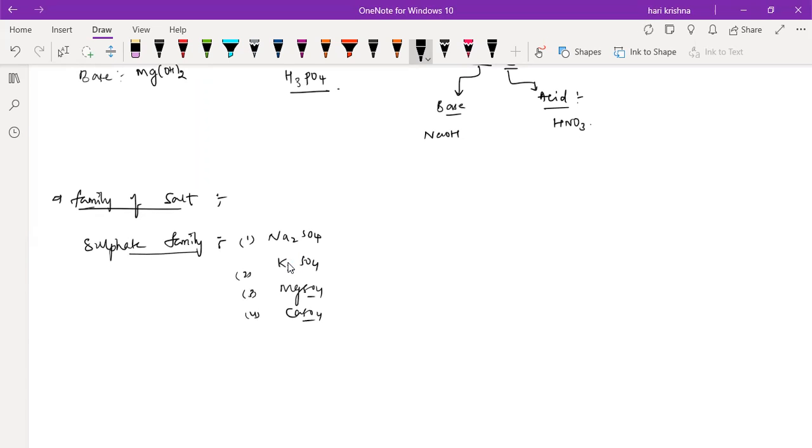Sulfate is common among all the salts. So all these belong to the sulfate family. Like that, if you take the chloride family, give me some examples of salts belonging to the chloride family.